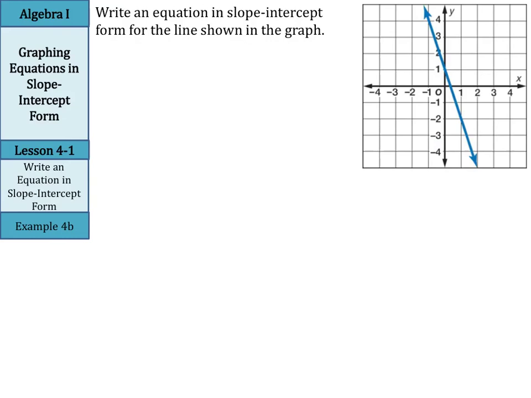In this graph, we have a negative slope, and it really doesn't give us any points. Remember, slope-intercept form is y equals mx plus b. And if we identify our y-intercept first, that looks to be the point 0, 1.